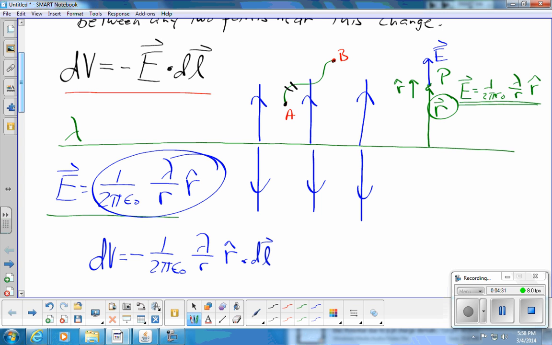I'm going to magnify it. The displacement, the change in position from one of those points to the next, is this dl vector. And the r unit vector, I'm not going to draw the electric field vector, I'm going to draw the r unit vector at that same point, which points radially away from the infinite line of charge.